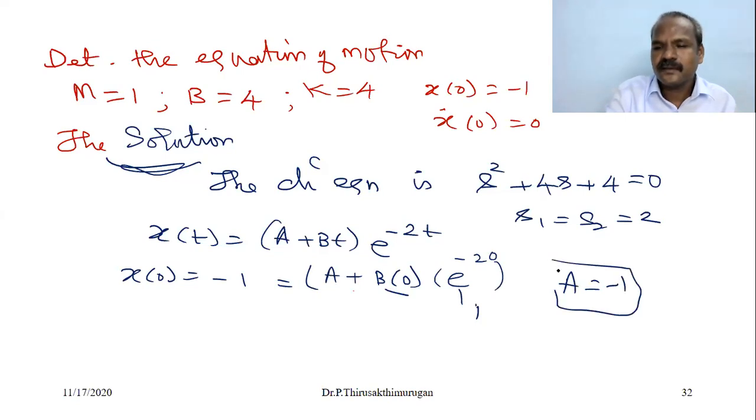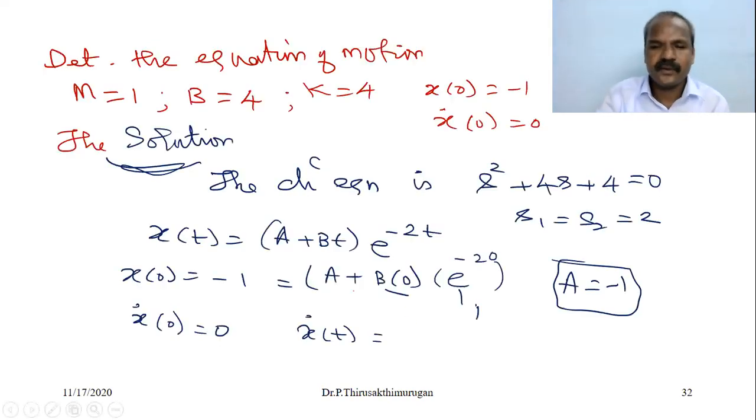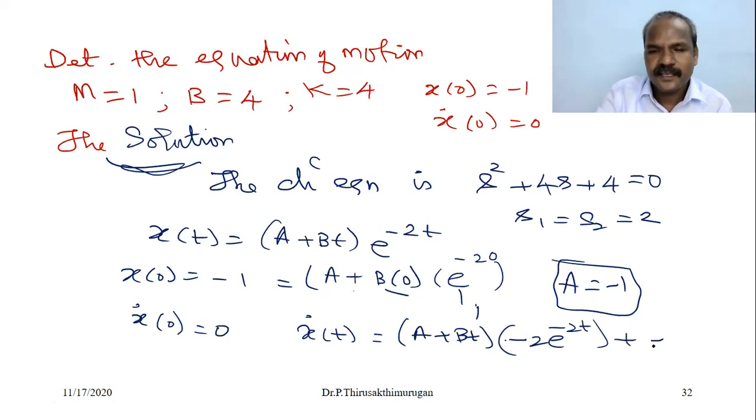Good. So what is b? x dot of 0 equal to 0. So let us find x dot of t. Using the UV method, we get a plus bt into minus 2 e power minus 2t plus e power minus 2t into b.